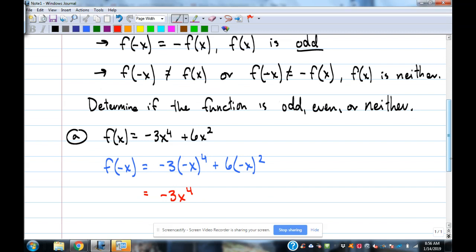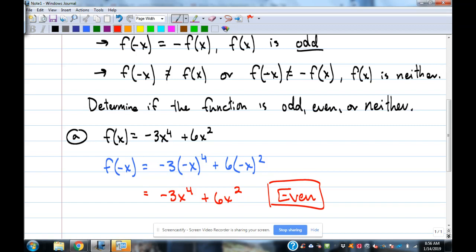When I take negative x and square it, that's going to be positive x squared, right? And so we have positive 6 times positive x squared, which is back to positive 6x squared. Is that the exact same thing as the original? Yeah, so what do we know about this function? It's even.